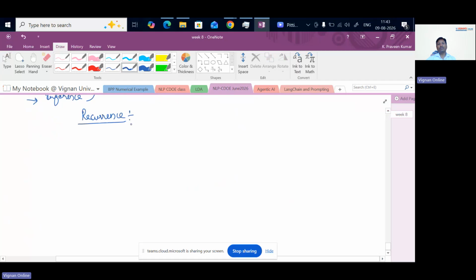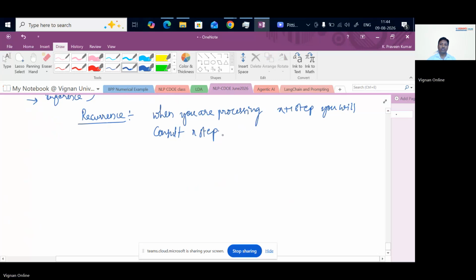Recurrence relation, what it means is that when you are processing step x plus one, you will consult step x. This is what is called the recurrence relation.